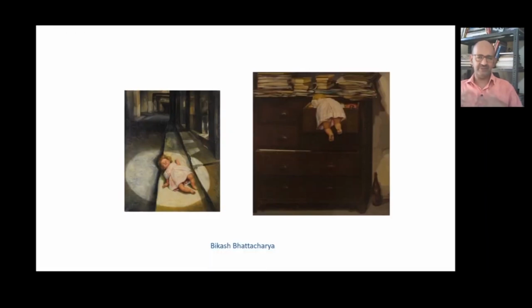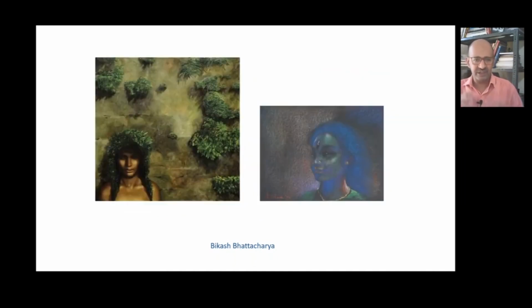And finally, for today's lecture, this is the last artist that we are talking about, that is Bikash Bhattacharjee, who started off with some surreal images early in his career, which also kind of reflected certain anxieties of the modern life of the 1960s and 70s. But soon he developed a quasi-realistic idiom where his figures look absolutely naturalistic, almost bordering on photographic realism, yet he could create an otherworldly feeling, some surreal feeling, some mysterious feeling, or some enigmatic feeling.